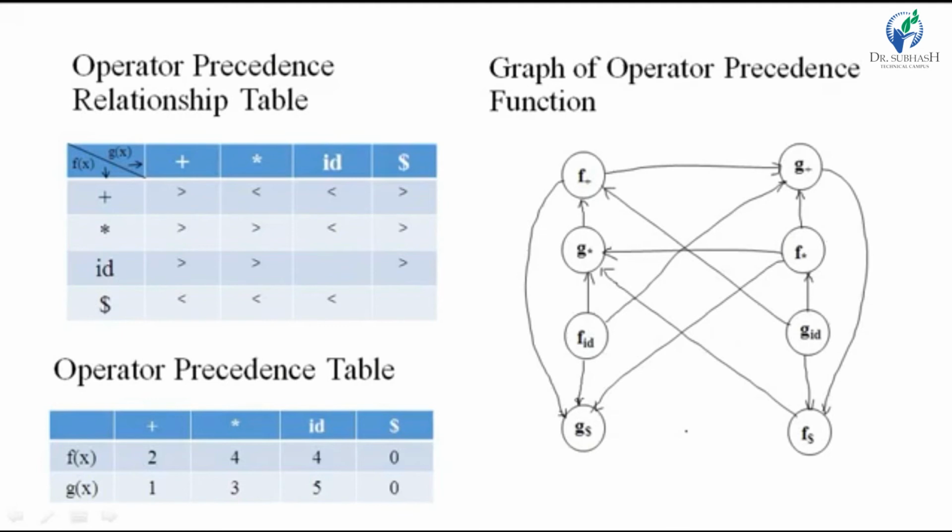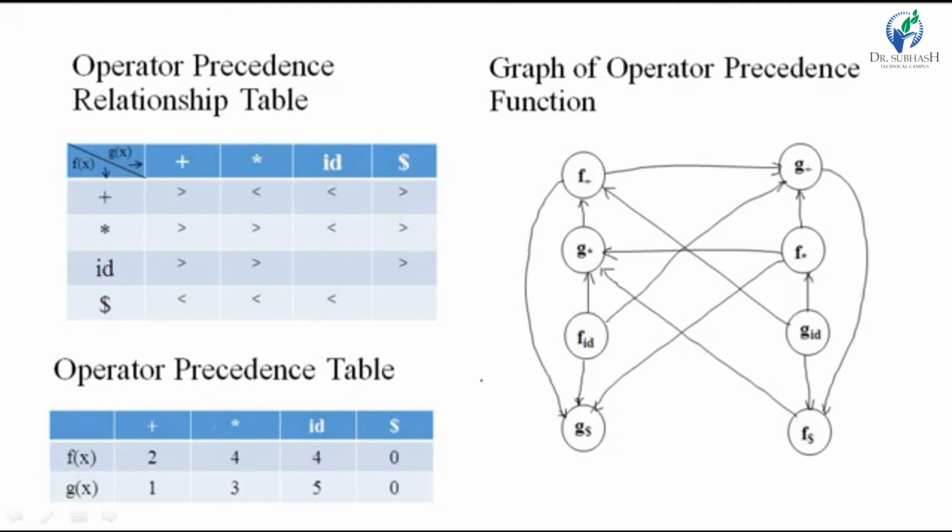Now, operator precedence table. How can you fill this operator precedence function table? F of x and g of x, there is input symbol plus, star, id and dollar. So first put f of plus.